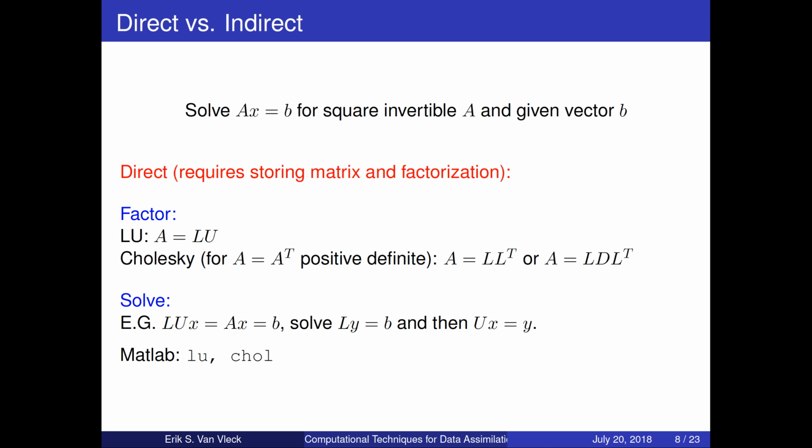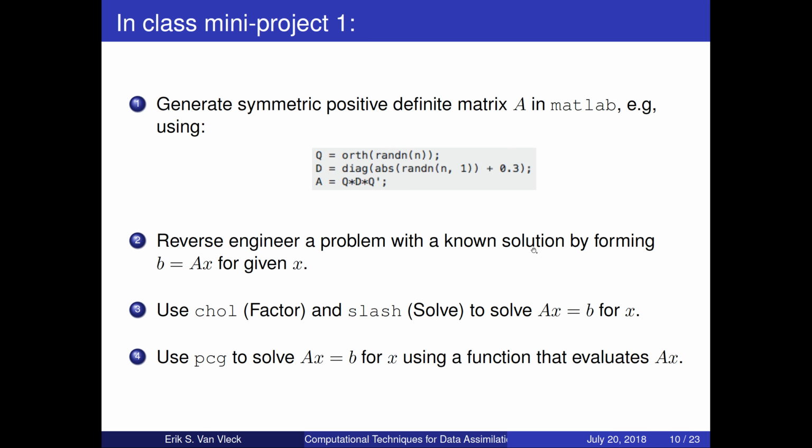So here L is lower triangular and U is upper triangular, so we can use backward and forward substitution to solve the linear system after it's been factored. The factor solve paradigm allows us to solve with multiple right-hand side B's with just one factor. So among the MATLAB commands are the LU command and the Cholesky command.